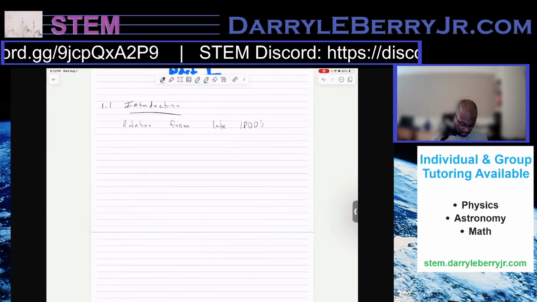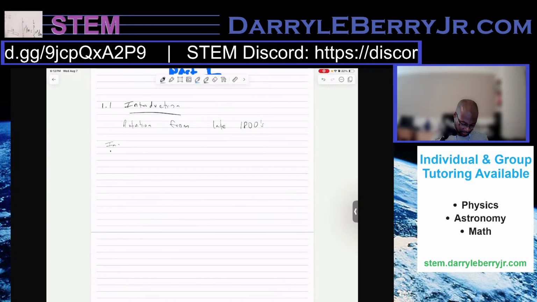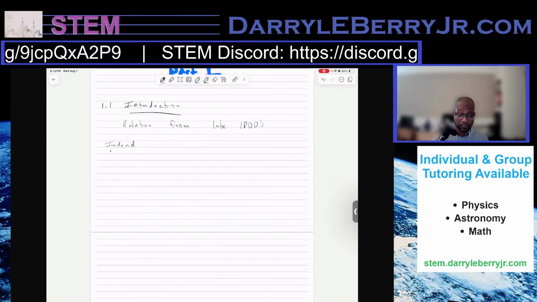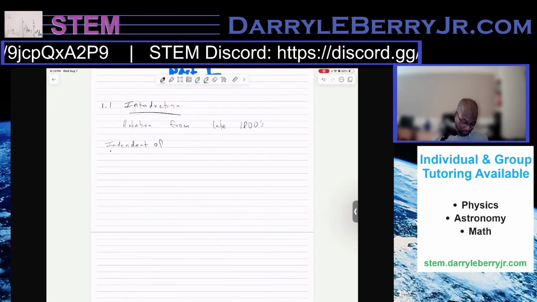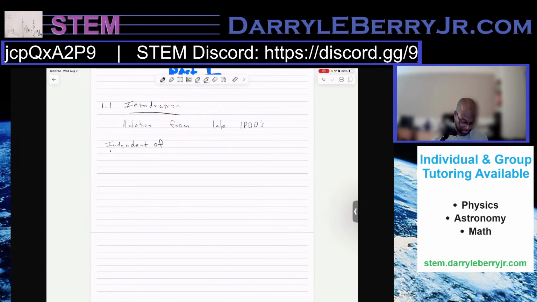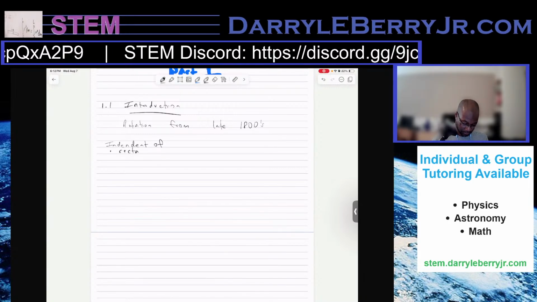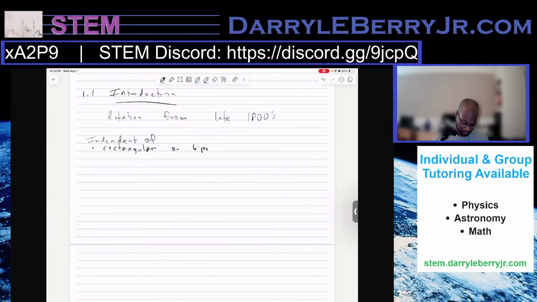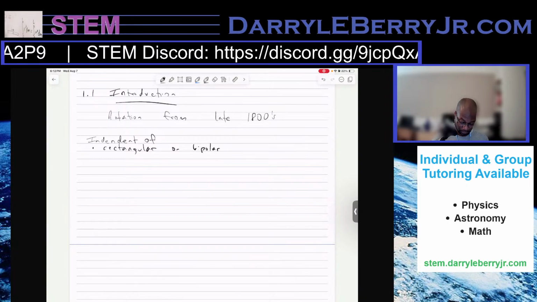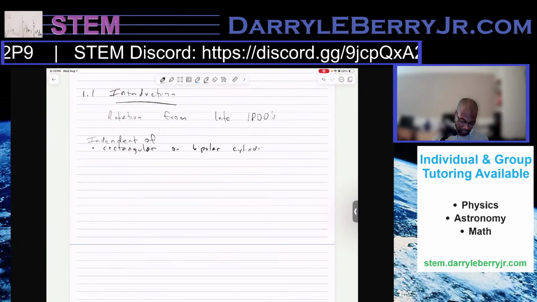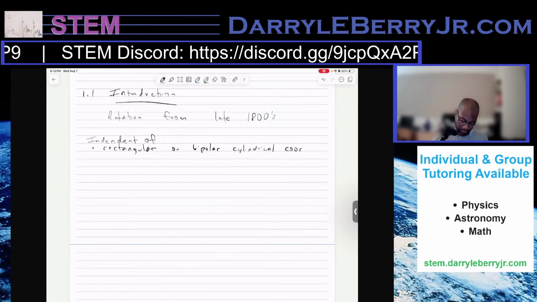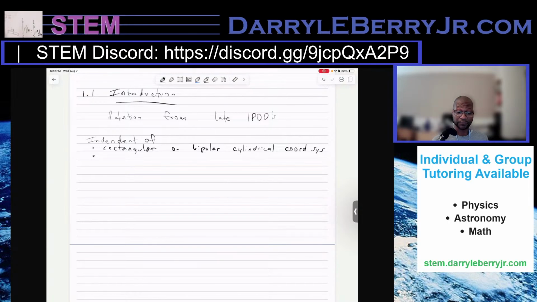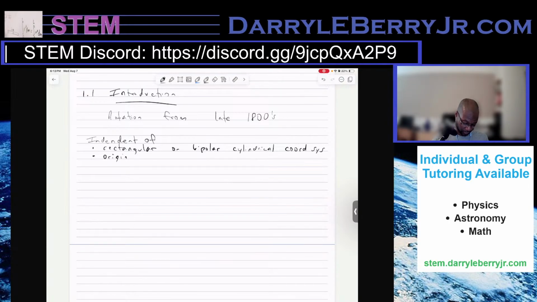So independent of rectangular or bipolar. I wonder why they say cylindrical coordinate system. And independent of origin choice.